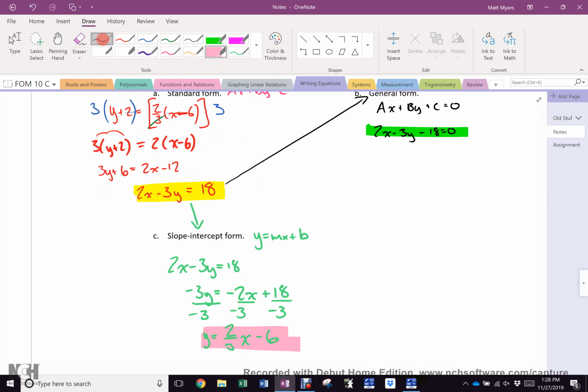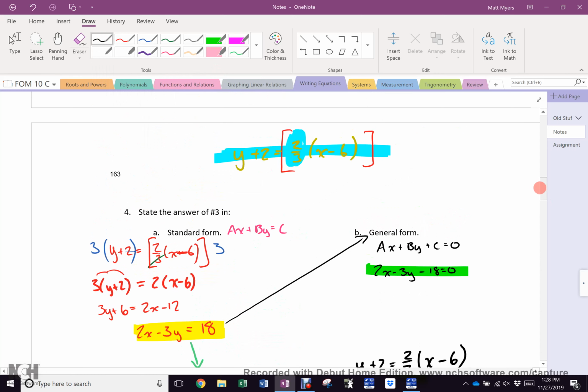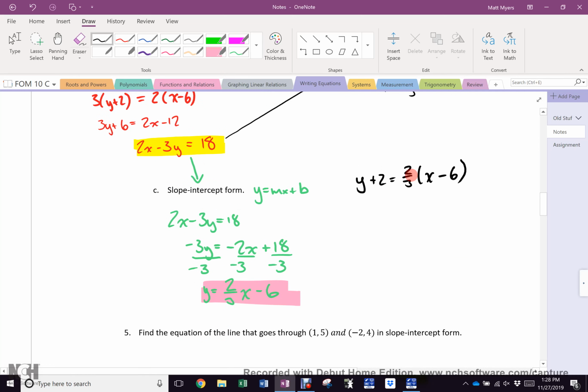Now, some kids like to go from this one, y + 2 = 2/3 x - 6, to slope-intercept form. Is that easy to do? All we do is isolate y. So what would have to happen right there?